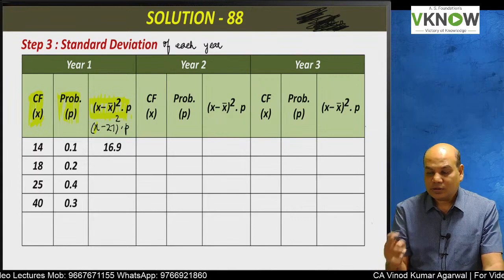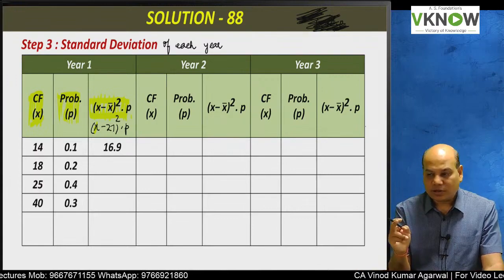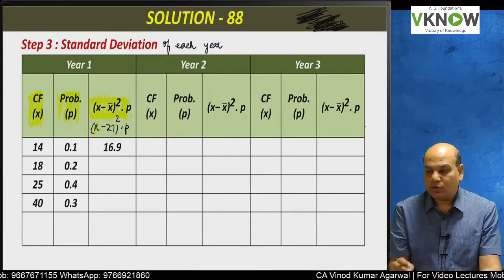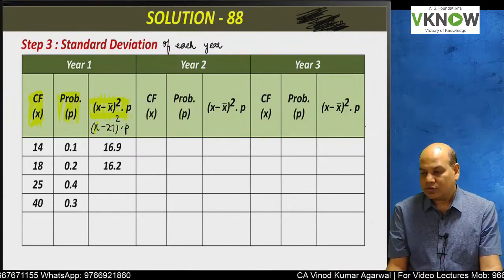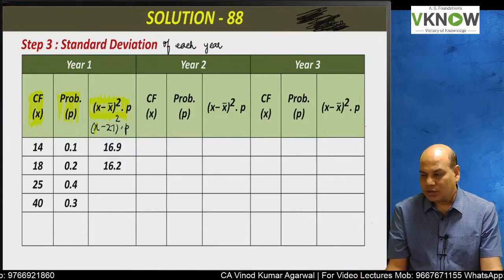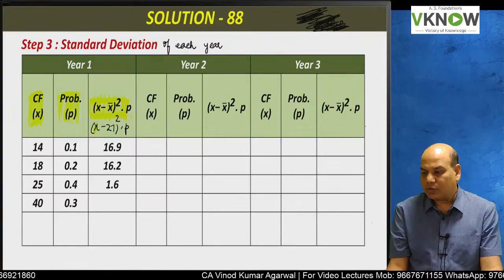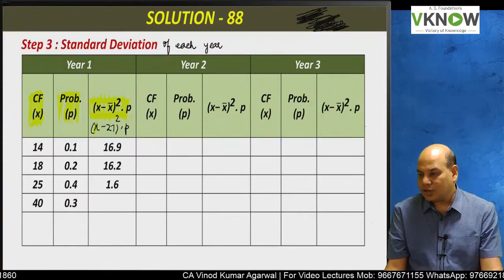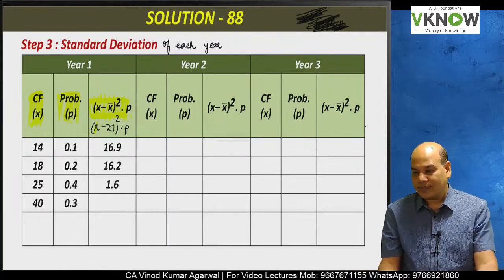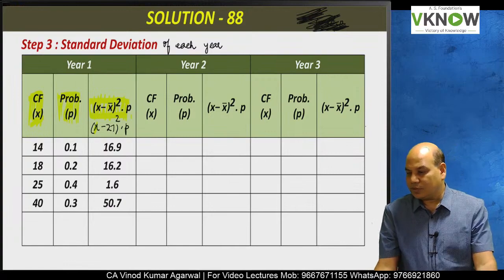Check. 18 minus 27, square, into 0.2, 16.2. 25 minus 27, square, into 0.4, 1.6. 40 minus 27, square, into 0.3, equal to 50.7.